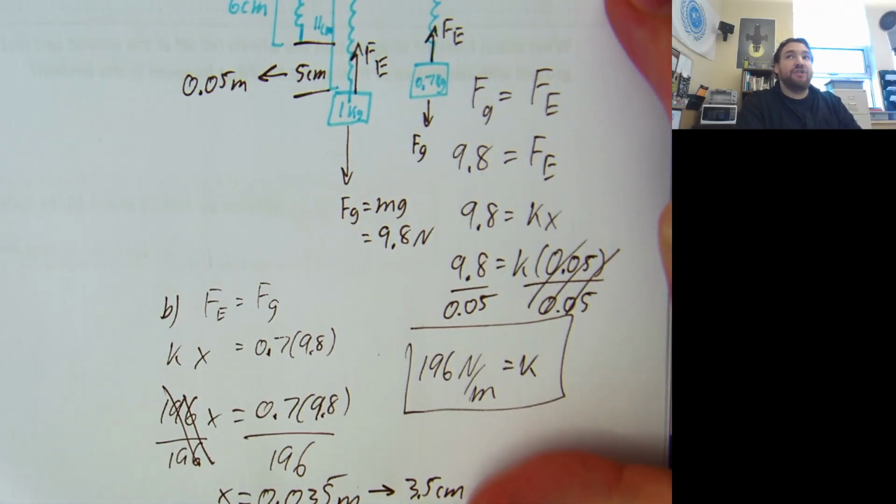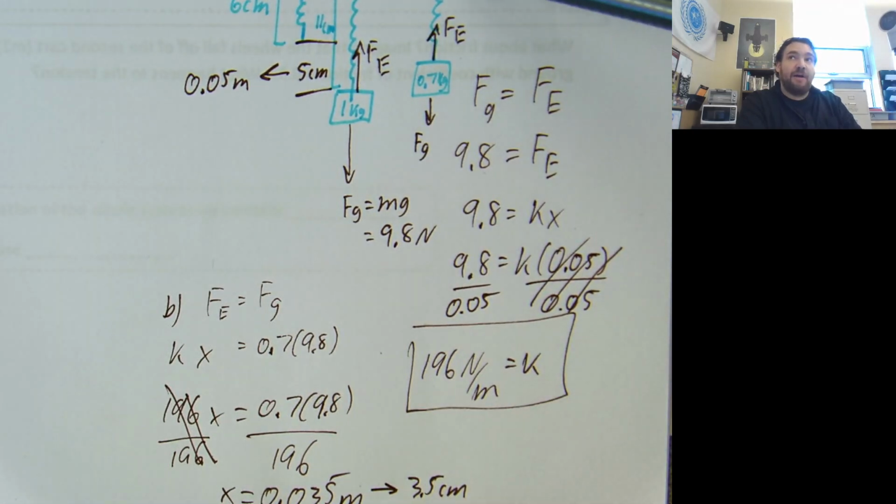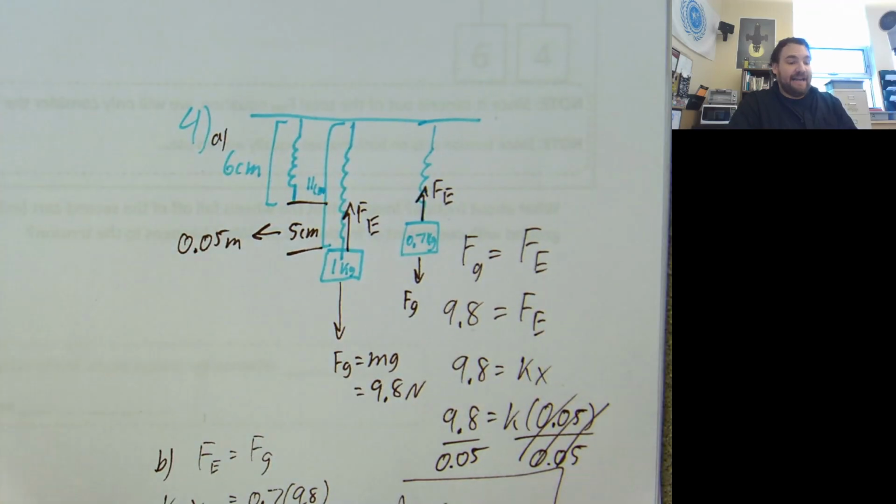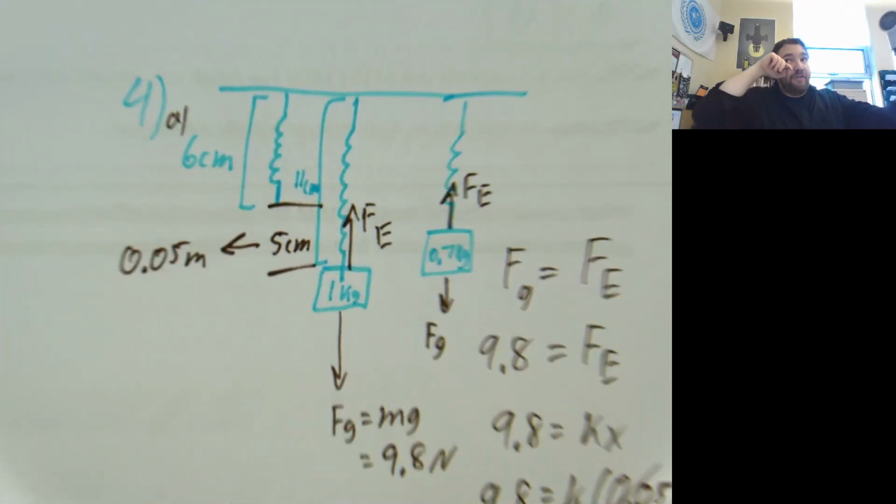So how long is the whole spring now from the top down to where it rests? If we added 3.5 centimeters to it, how long did it start?